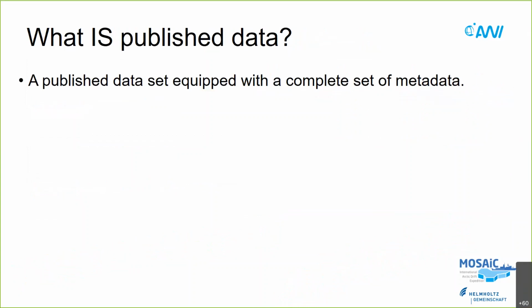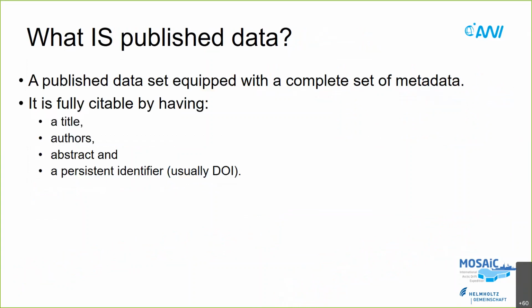So on the other hand, what is published data? What defines it? Published data is a data set or data collection equipped with a complete set of metadata. So it's fully citable by having a title, authors, abstract, and a persistent identifier.